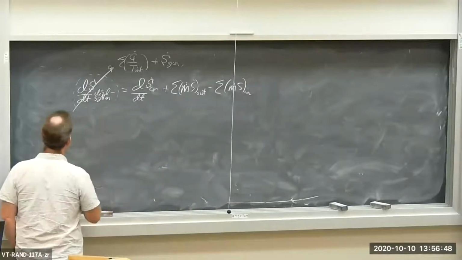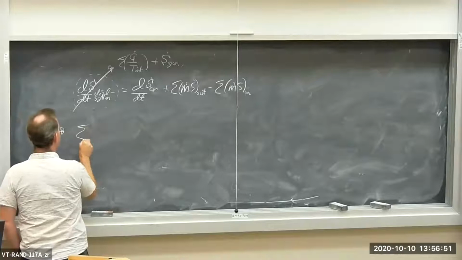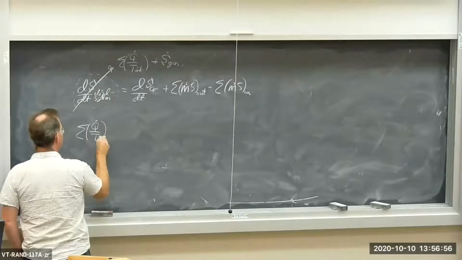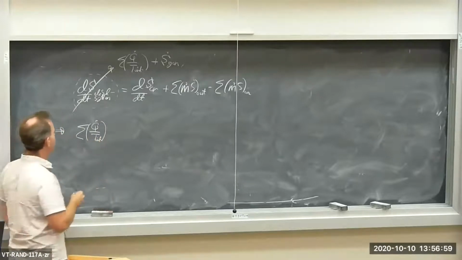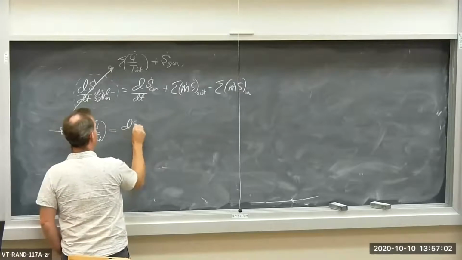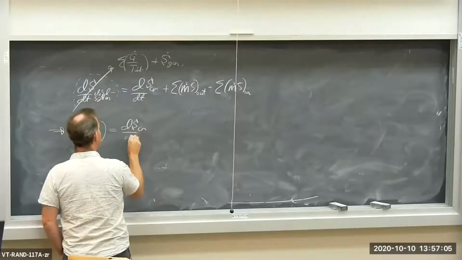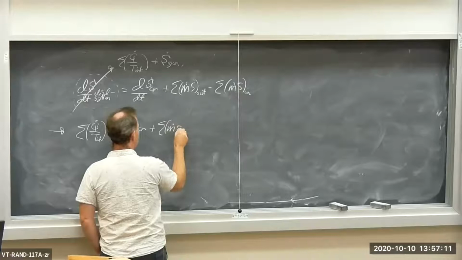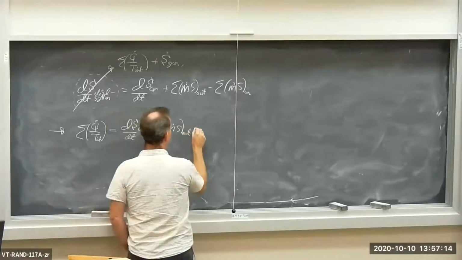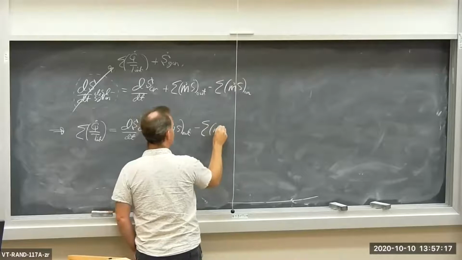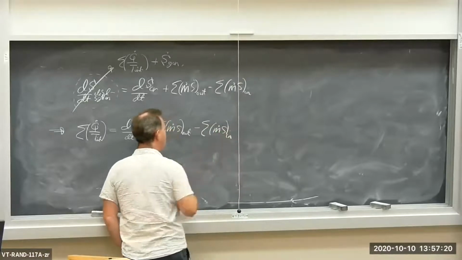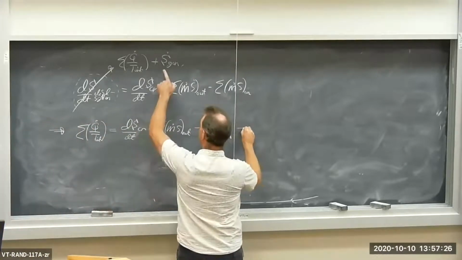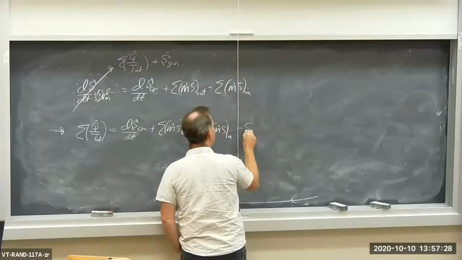And I'm going to get the following: the sum of the entropy transfer due to heat interactions, Q dot over T interaction, is equal to the rate of change of entropy within my control volume plus the sum of the outflow of entropy from my control volume minus the sum of the inflow of entropy into my control volume, minus S dot gen.